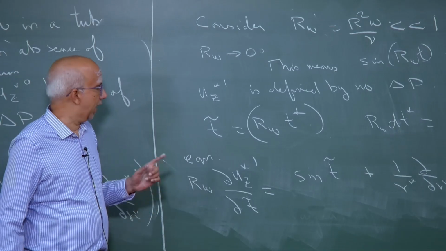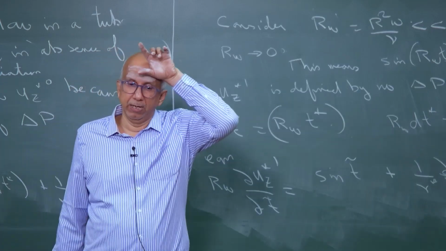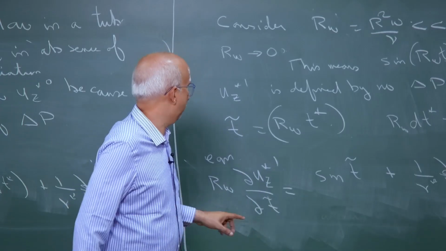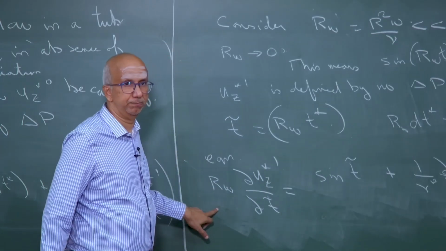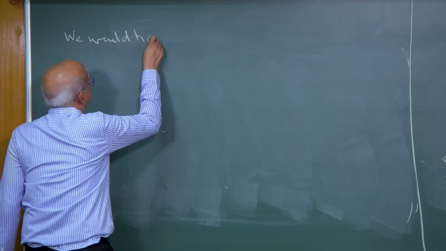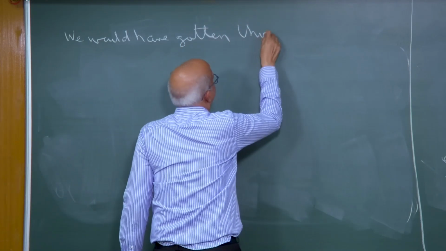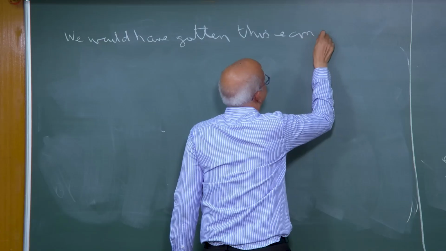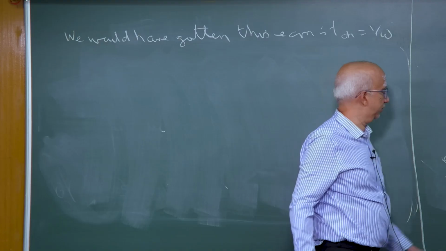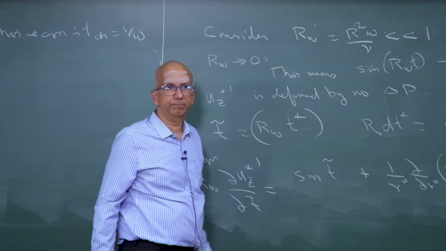Okay. I want to here talk about the fact that if in our problem we had used 1 by omega as TCH to begin with, we would have gotten this formulation. We would have gotten this equation if TCH is chosen as 1 by omega, because you can see if TCH is chosen as 1 by omega, I will get T tilde here.